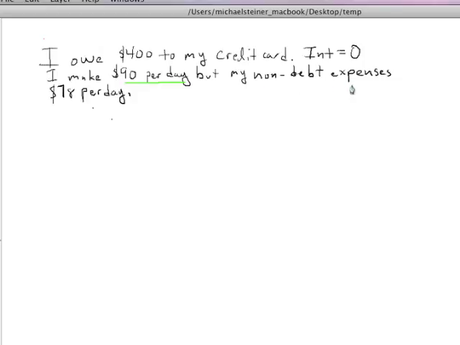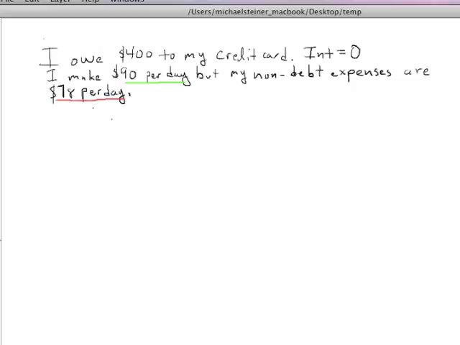But my non-debt expenses, I guess I should write R there, are $78 per day. So let's just take these per day numbers, right? I take in $90, but I have to pay out $78. Let's say this is for food and gas and expenses.